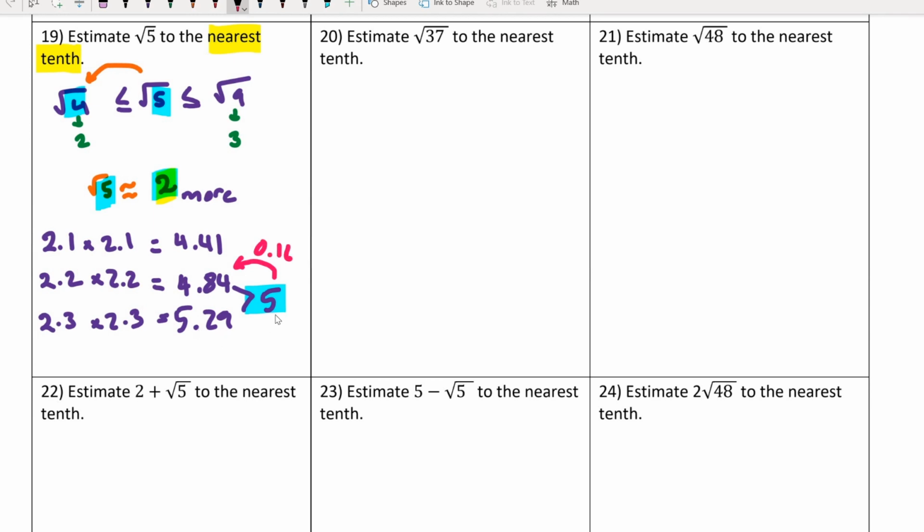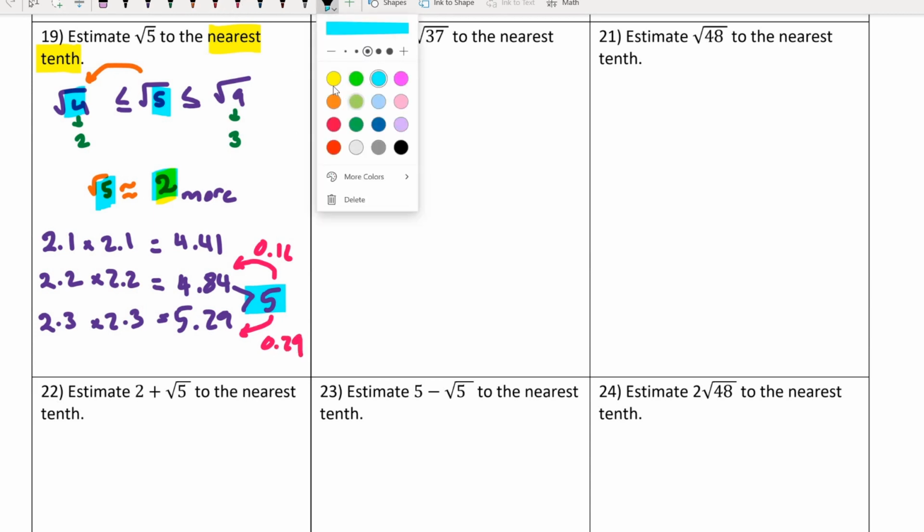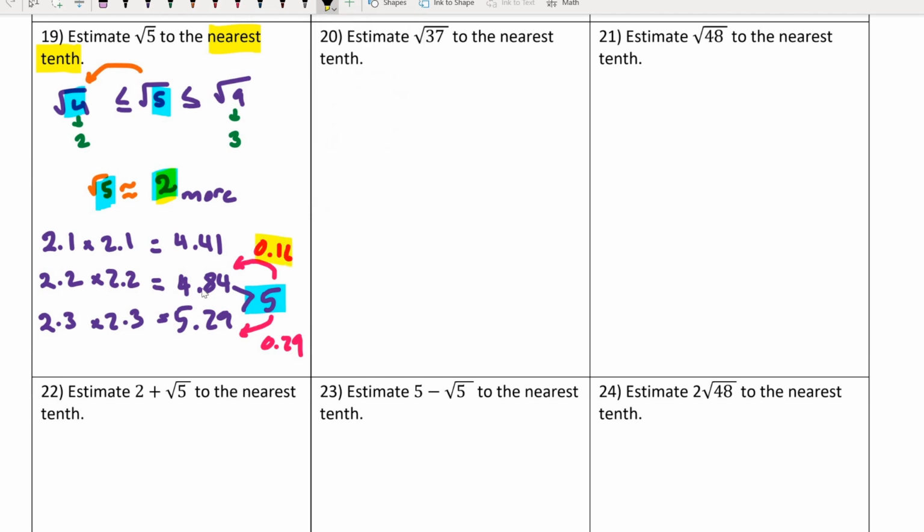If I take 5.29 minus 5, that will give us 0.29. So the closest number is 0.16 right here, so that makes this the final answer. Square root of 5, earlier we said approximately 2. Now we know 2.2 is the closer answer. 2.2.